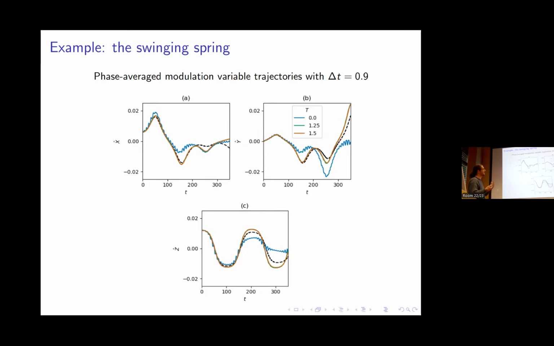And then what the phase average solution does is it removes these oscillations, so you have a closer, better approximation to the truth solution, and it's also made it more stable as well. So it sticks closer to the truth solution for longer. So we've increased the stability and the accuracy of the solution by averaging in time.